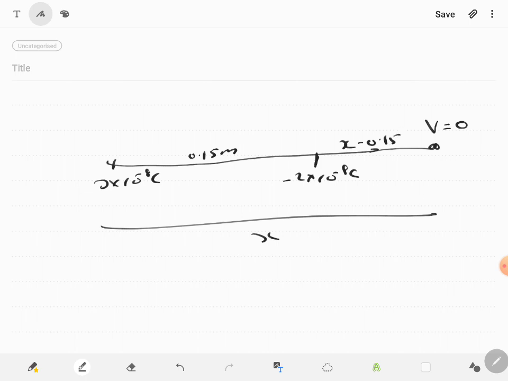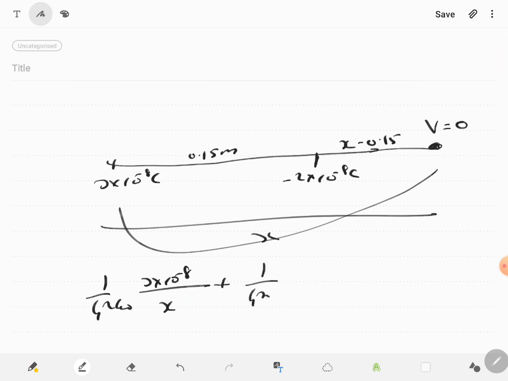The potential due to this charge will be 1 by 4 pi epsilon naught into 3 into 10 to the power minus 8 by the whole distance, which is x, plus 1 by 4 pi epsilon naught into minus 2 into 10 to the power minus 8 by x minus 0.15 is equal to 0. In potential, you take negatives as negatives and positives as positives, it's not vectors.